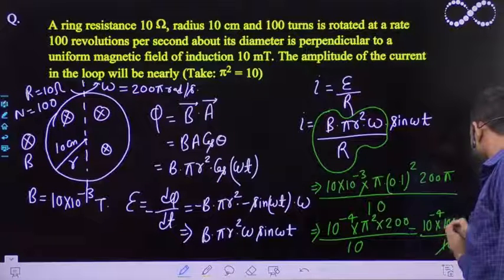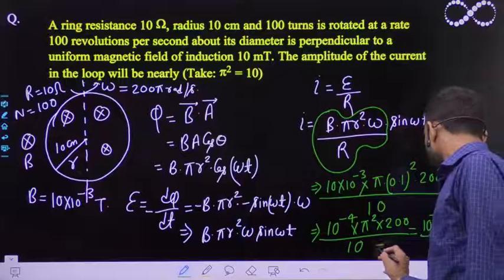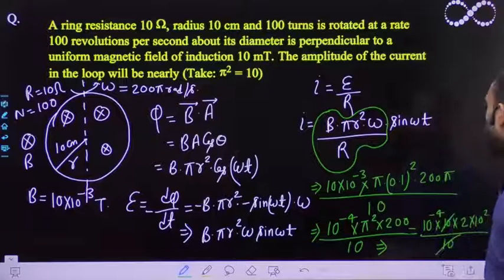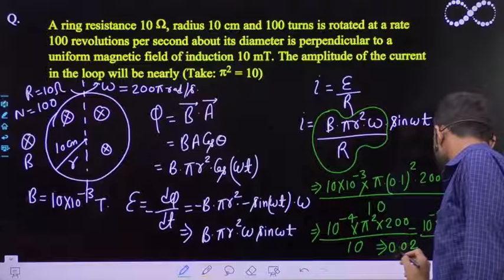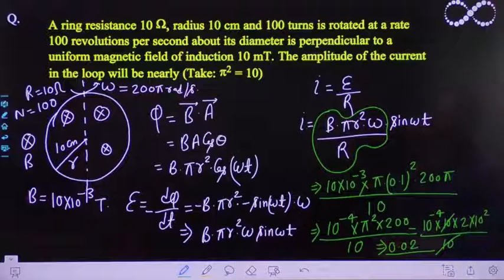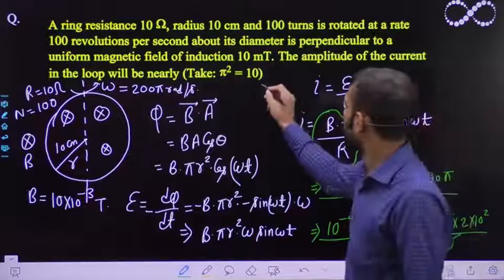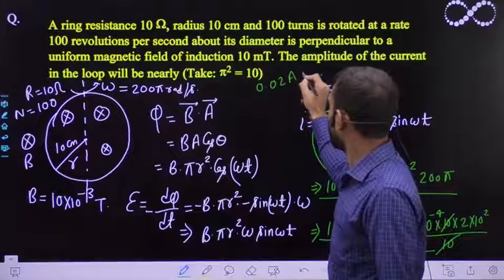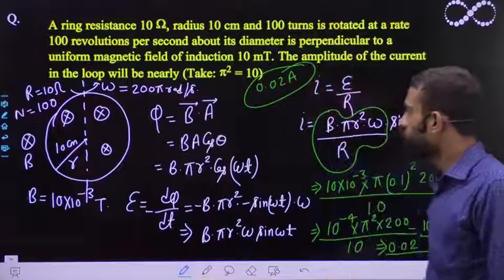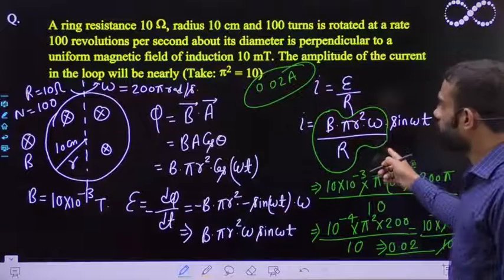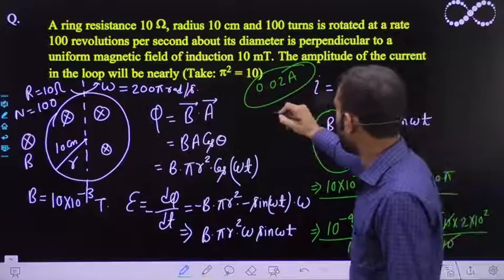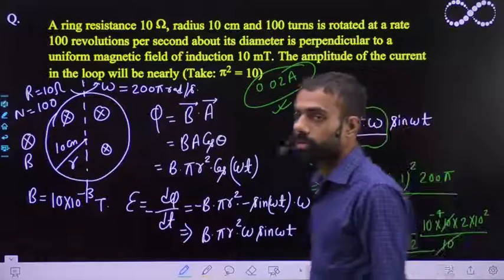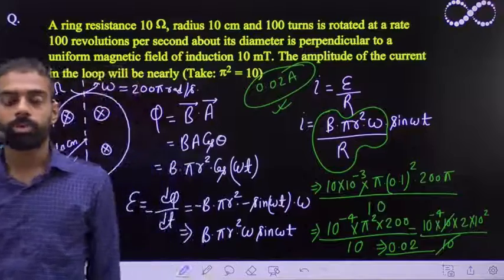So this will get cancelled out, and ultimately we will get 2 upon 100, so 0.02. So the amplitude of current is 0.02 ampere. Everything I have worked in SI system, the radius I also have taken in SI system, so the answer will also be in SI system, that is 0.02 ampere, the amplitude of current. Okay students, I hope you understood this question.